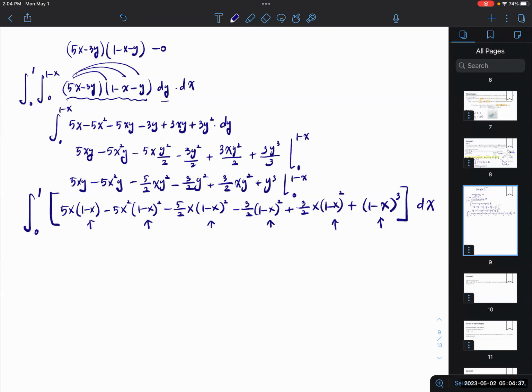So I can take out 1 minus x to the front. So 1 minus x times 5x, minus 5x times the remaining 1 minus x, 5 over 2 x times the remaining 1 minus x, 3 over 2 times the remaining 1 minus x.